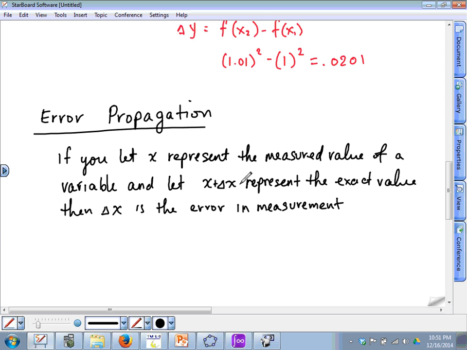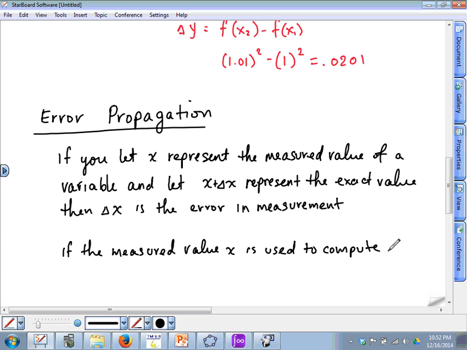So rather than using x plus delta x, the exact value, if you use the measured value, x, so if the measured value x is used to compute another value f of x.